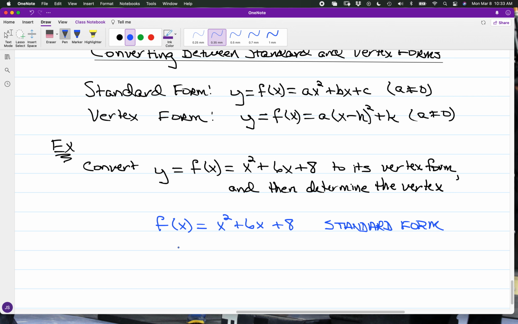Now in terms of transitioning over to the vertex form, what I'm going to do first is separate the variable terms apart from the constant 8. So I'm going to put x squared plus 6x in parentheses.